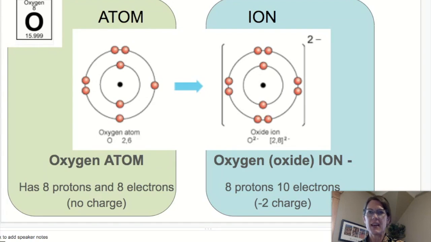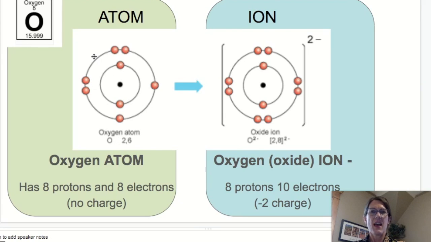Here we have an atom of oxygen drawn, and notice it has 2 electrons in the first energy level, and then 6 more in the second energy level to make 8. That means there are 6 in the valence electron shell.